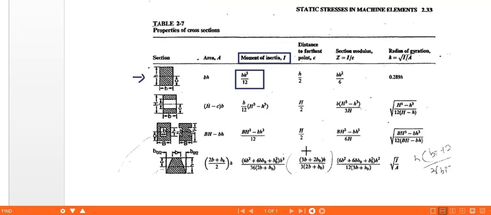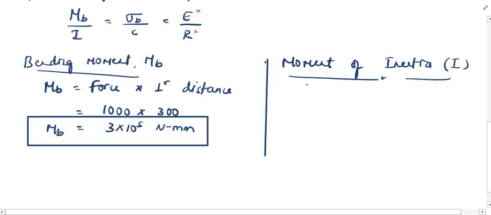Since it is a rectangular cross section, the moment of inertia is given by bh cube by 12. So the moment of inertia I is given by bh cube by 12.